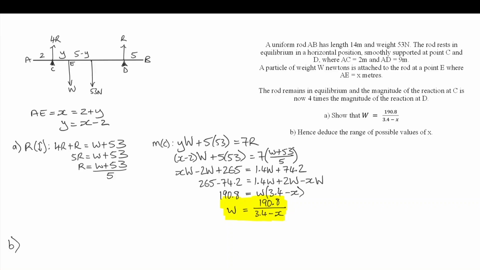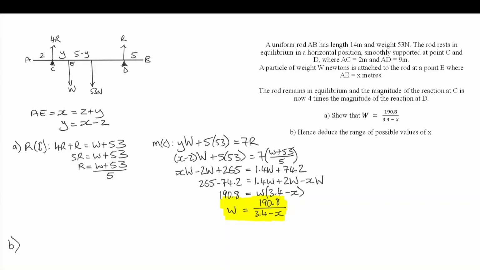Similarly, X itself needs to be a positive value. X represents a length. A length in this instance cannot be negative because this is the distance from A to a specific point. A negative value would place the weight to the left of A, which means it would not actually be on the rod at all. So that wouldn't make sense for the context of our problem, for the model that we've produced.